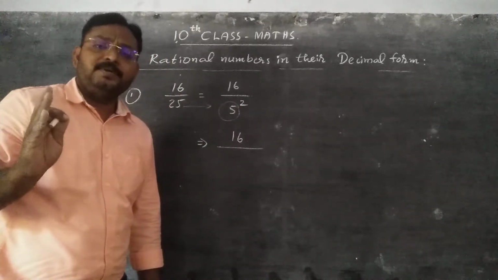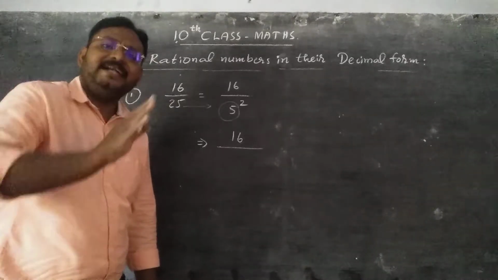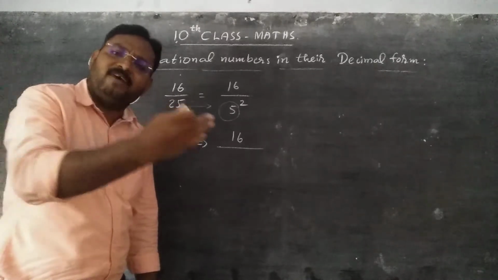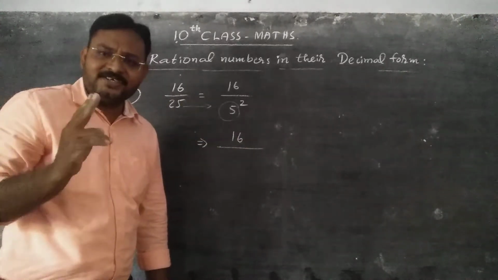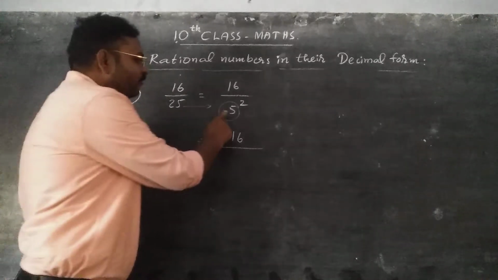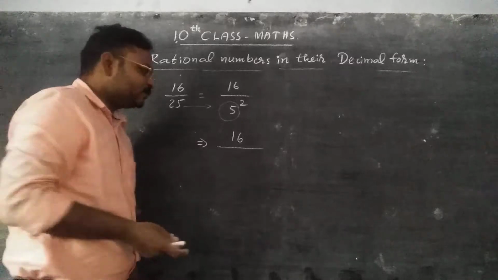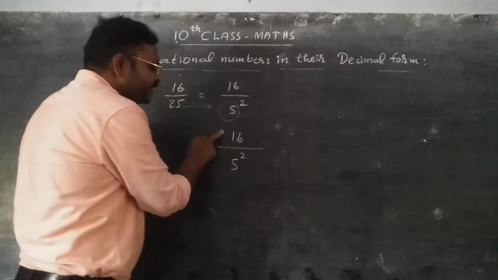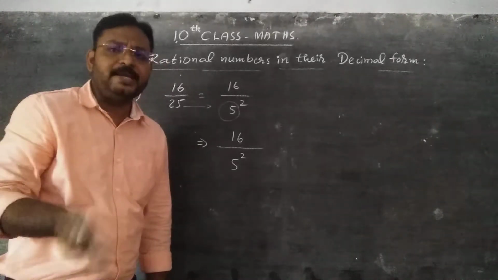By what number should we multiply 5 to get 10? I think it is the 2 table, 5 twos are 10. So you multiply both numerator and denominator by 2.